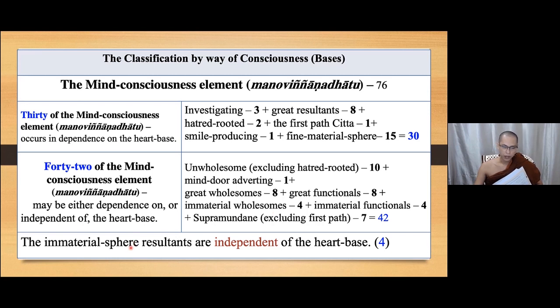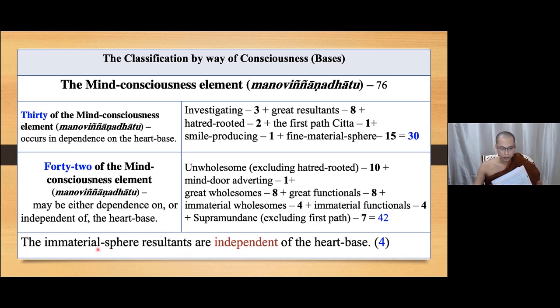Then the last group of consciousness, which is called the immaterial sphere resultant. So resultant just arises in the respective plane of existence. That is why there is no materiality, including the heart base, in the immaterial plane of existence.